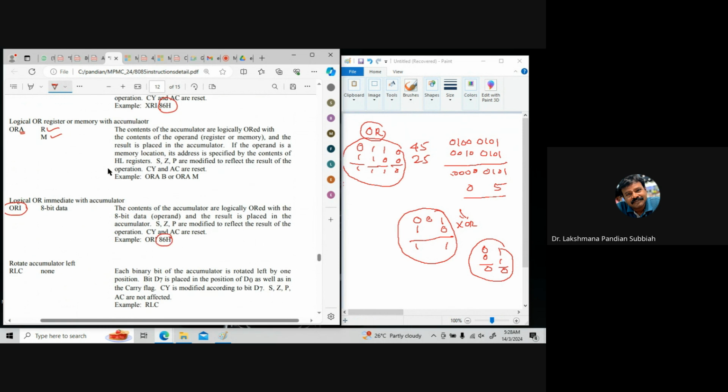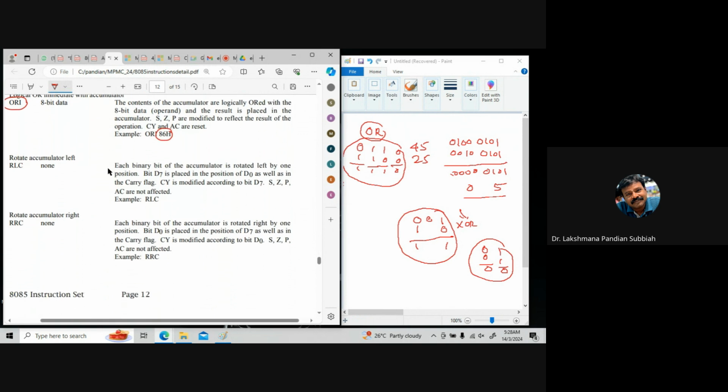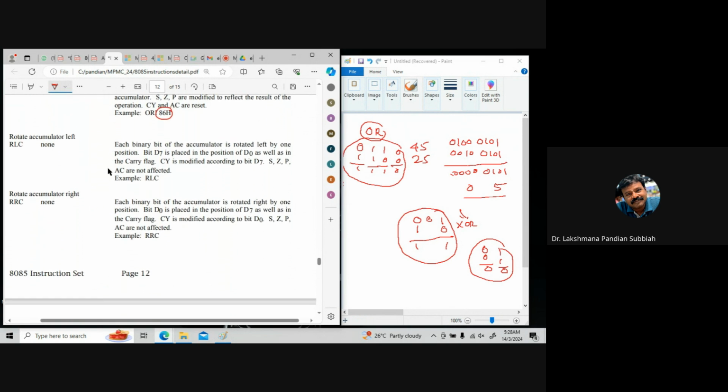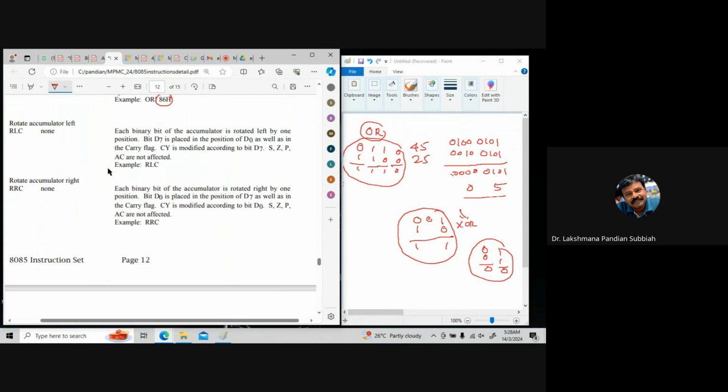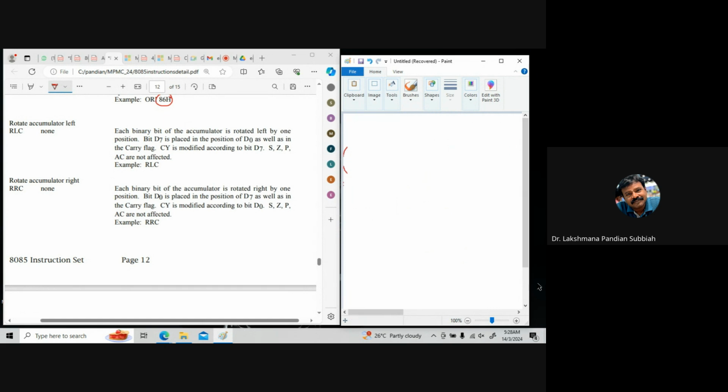Next instruction is RLC, rotate accumulator left. This operates on the accumulator content only.